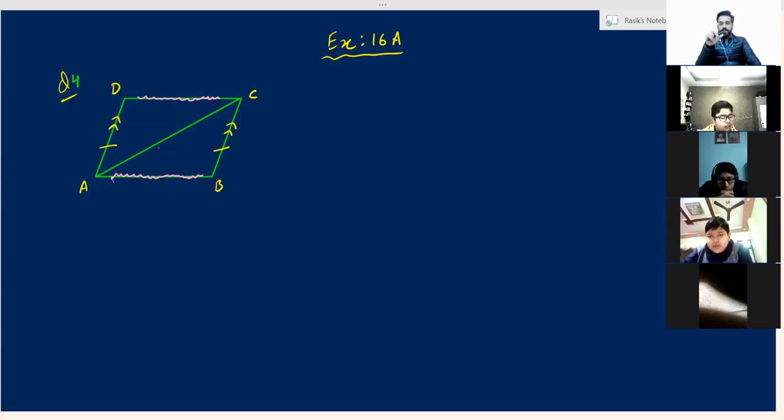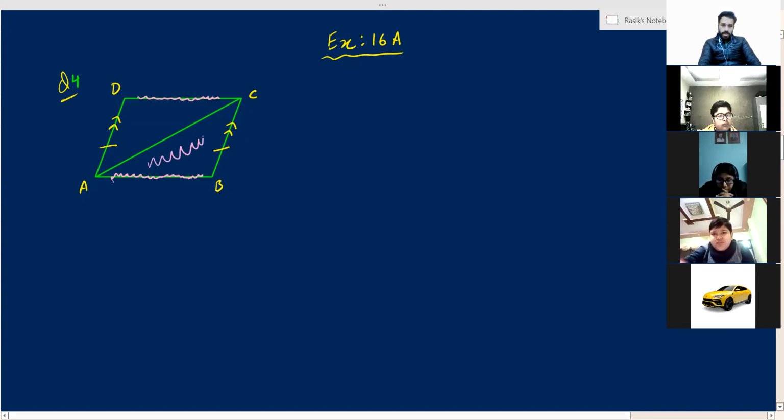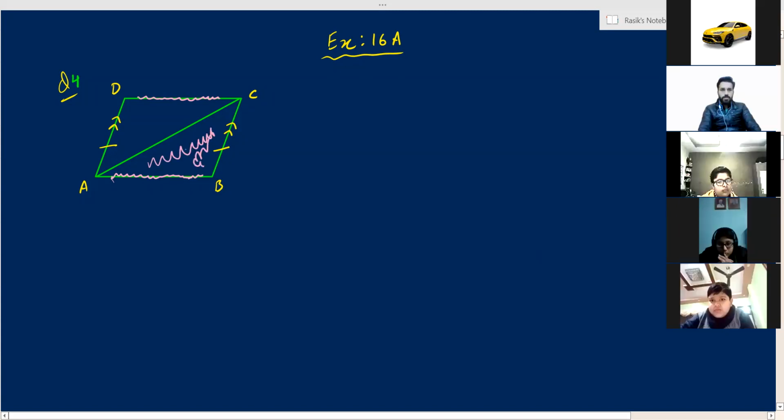Okay. Now for this, we will prove that triangle ABC is congruent to triangle ADC. We will prove that these two triangles are congruent. And if two triangles are congruent, then all their corresponding parts are equal.